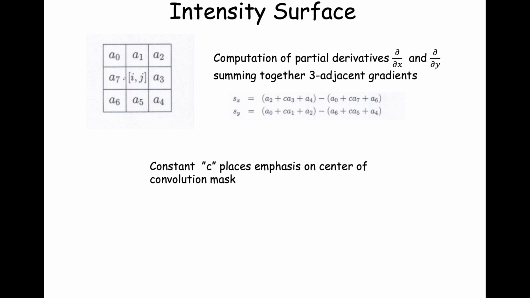We look at A3 minus A7, we look at A4 minus A6. We group all that together, and what do we have? We have A2 minus A0, we have A3 minus A7, and then lastly, for that third scan line, we have A4 minus A6.